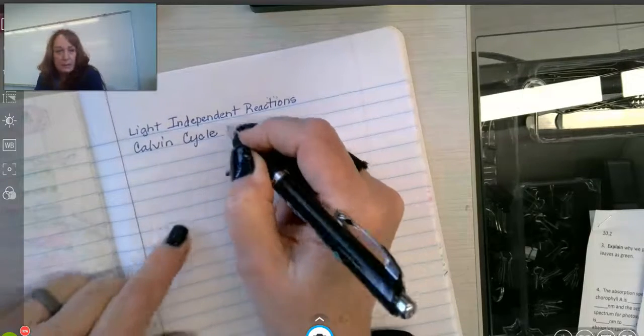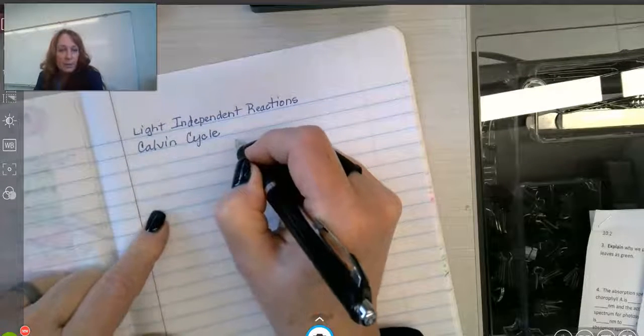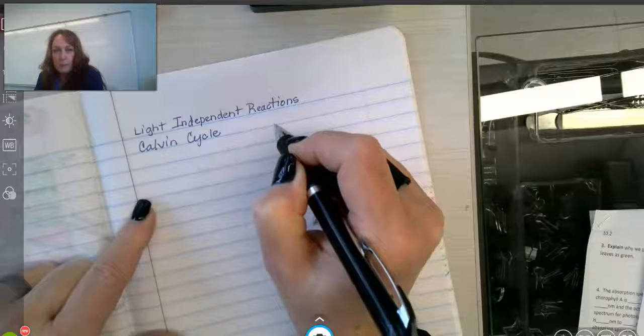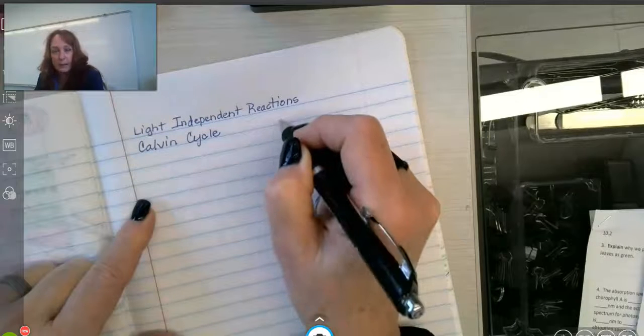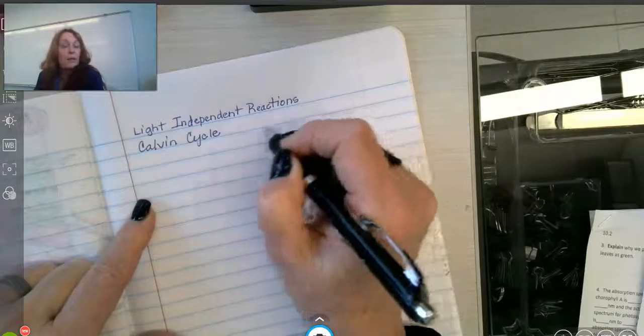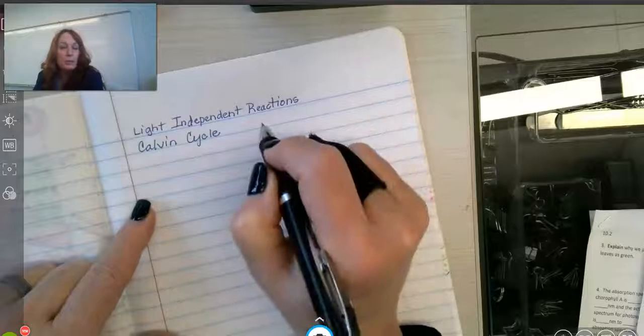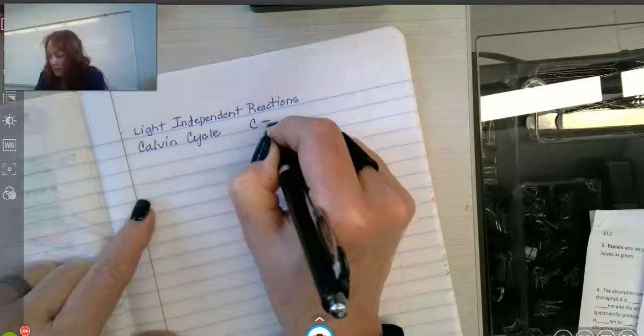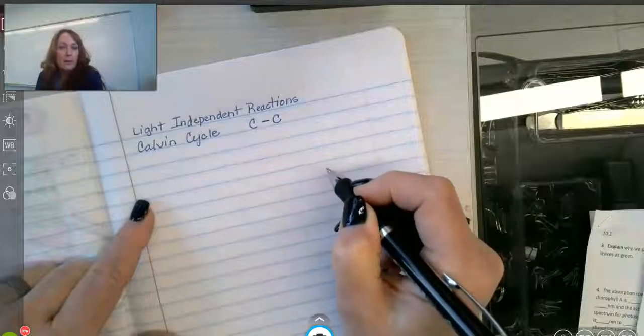And because the Calvin cycle's job is to assemble carbon dioxide with carbon dioxide with carbon dioxide, so you end up with glucose at the end, I write this like that to help me remember.